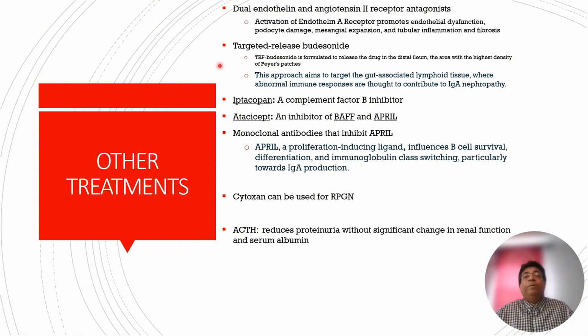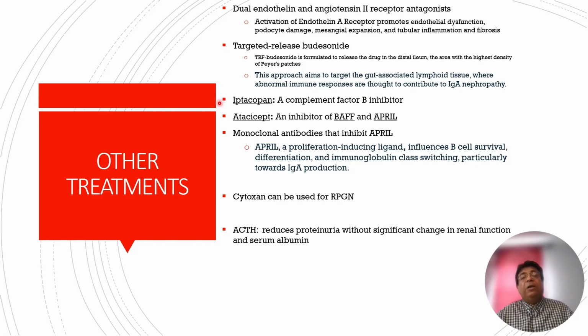The targeted release budesonide is formulated to release the drug in the distal ileum, which is where the highest density of Peyer's patches is. And this approach targets the gut-associated lymphoid tissue and is specific, and may also be less associated with adverse effects.